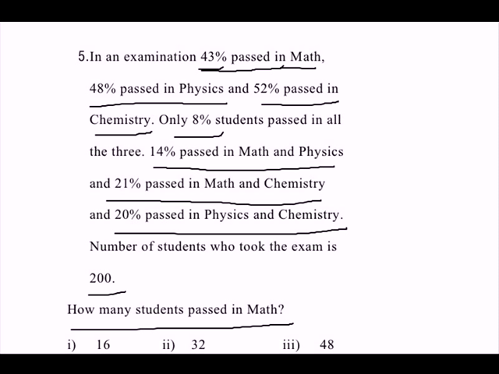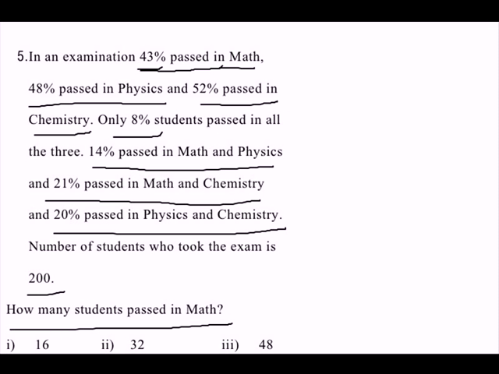So the way to do this kind of problem is like we've done earlier. Try to represent the information in a Venn diagram. You could also use set notation, but when you are dealing with three different sets, math, physics and chemistry, it might get a bit more complex, so I recommend using Venn diagrams for this. So let's try to put the information in the form of a Venn diagram.